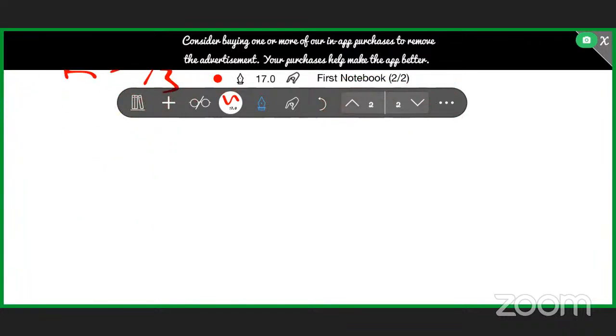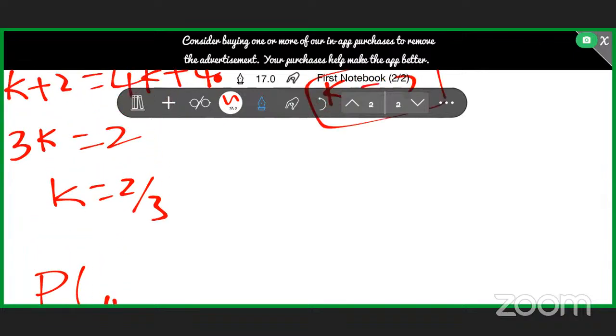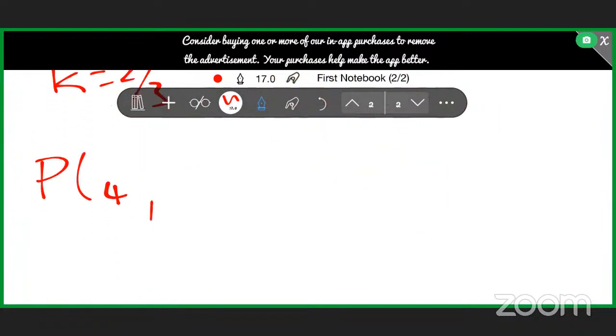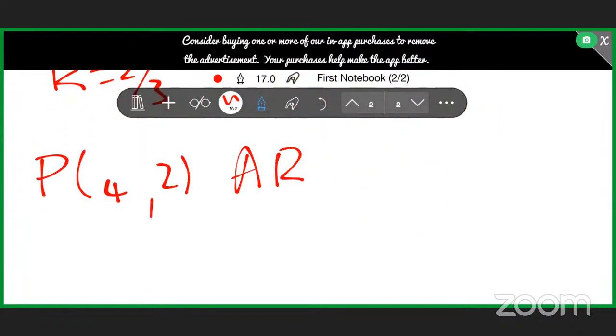So what I told just now: the point 4 comma minus 2 is dividing AB in which ratio? In the ratio 2:1.